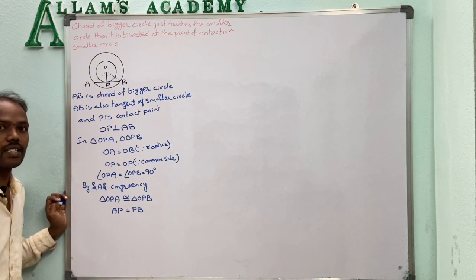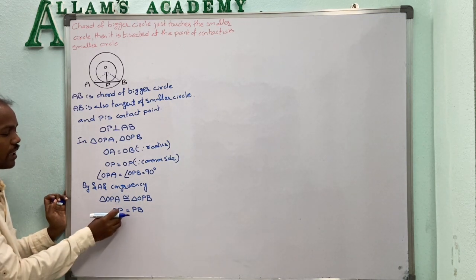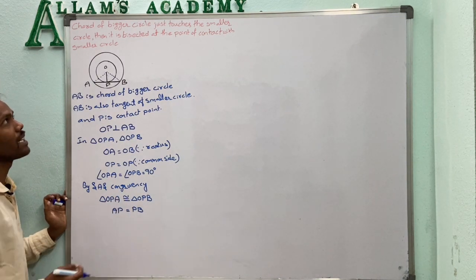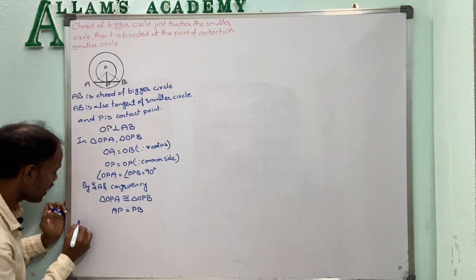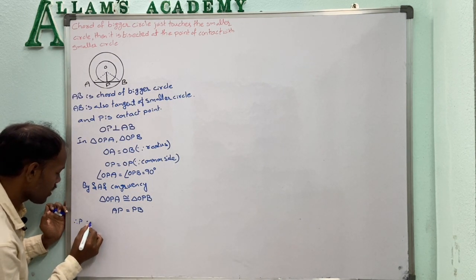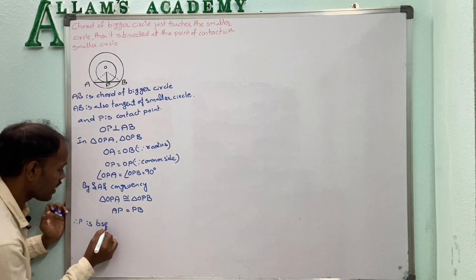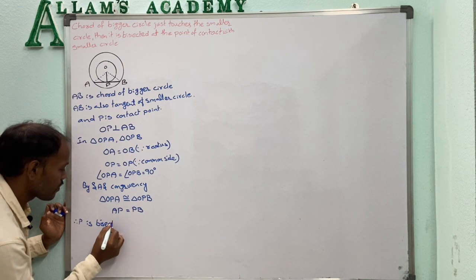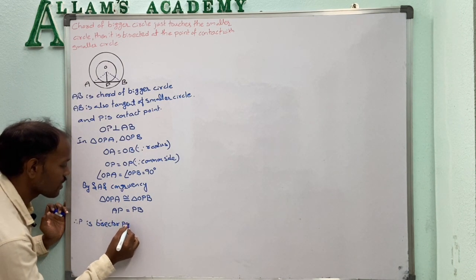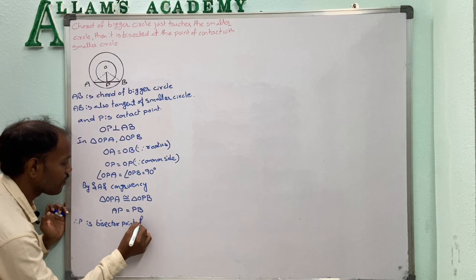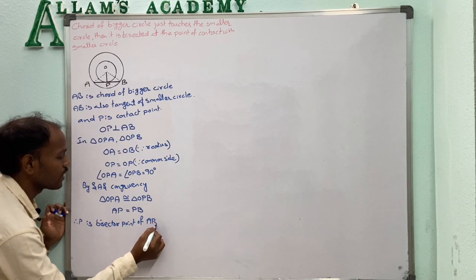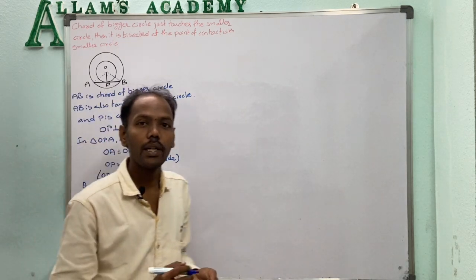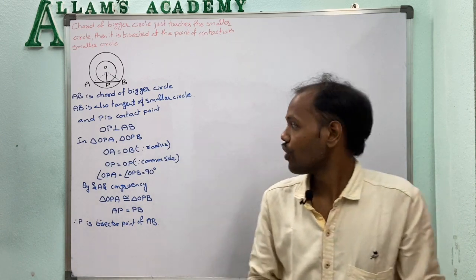So P is the bisector, the midpoint of the chord AB of the bigger circle.